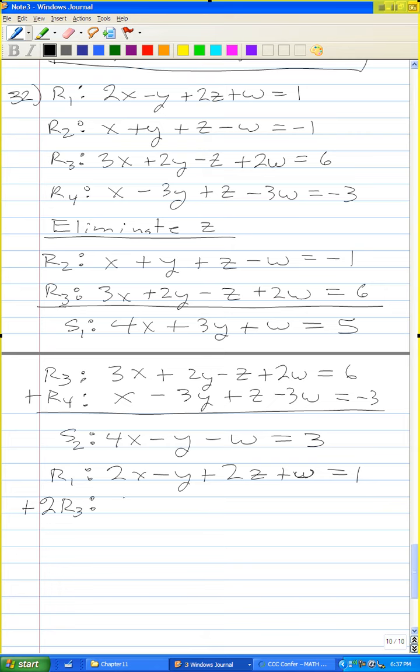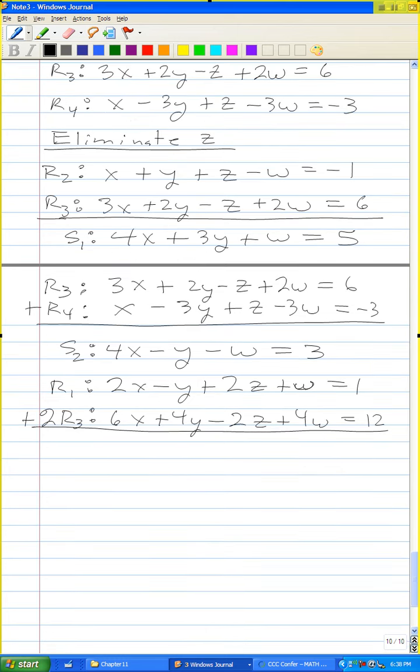So 2R3, so 6x, 4y minus 2z, 4w, 12. Let's add these. So 8x plus 3y, z's cancel, plus 5w equals 13. So that's S3.